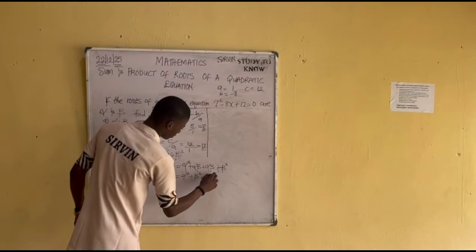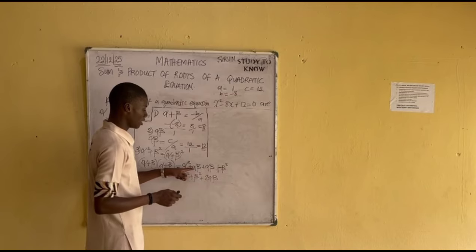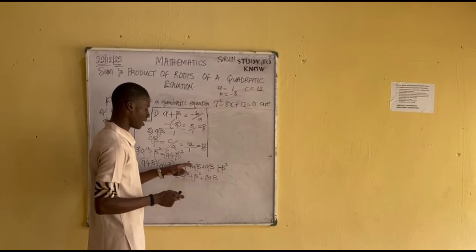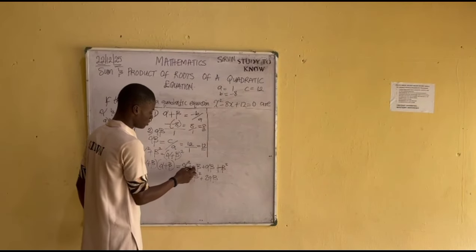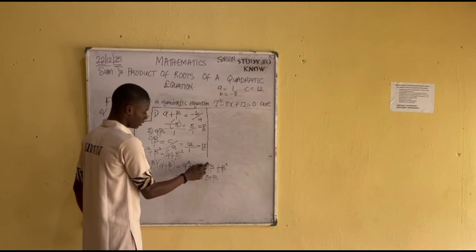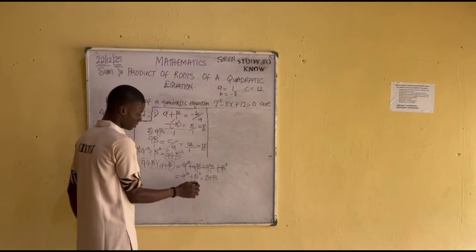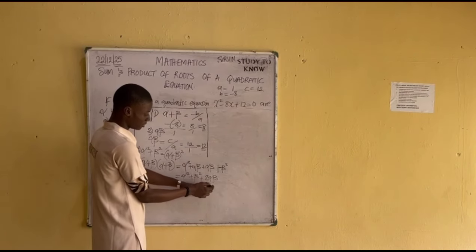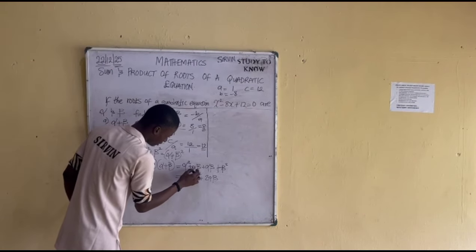plus 2 alpha beta. Note that anytime you have two variables attached, it still has a coefficient of 1. So this is just like saying 1 plus 1, that's an invisible 1 in front, 1 plus 1 is 2 alpha beta. That's how they got these 2 alpha beta, because it has 1 here and 1 there.